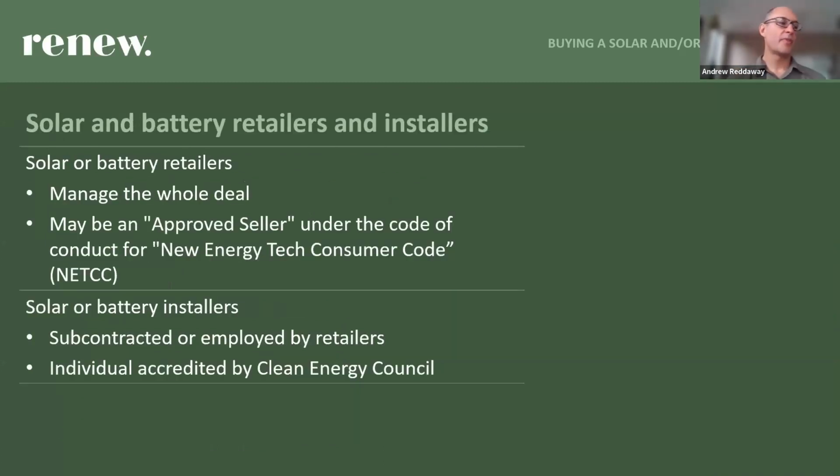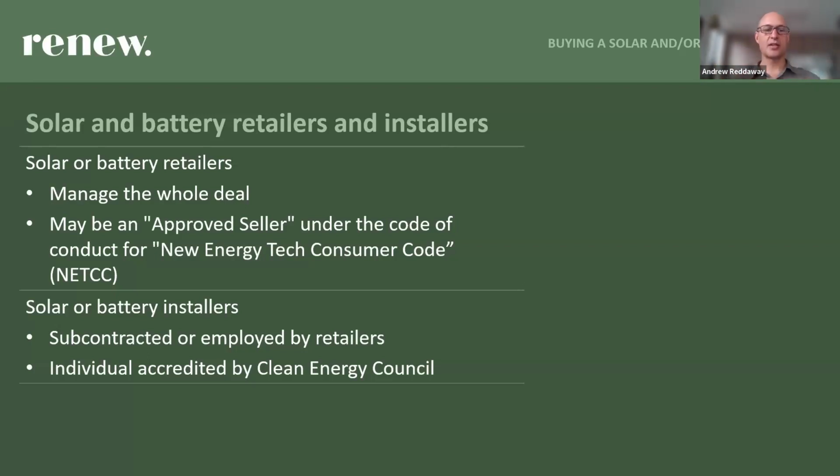Okay, so let's talk about who you'd be dealing with in terms of companies. There's normally two levels of company that you deal with. There's a retailer. They're the people who are advertising, that you're talking to, a salesperson negotiating prices. They'll be helping you work out what size system you need, all that kind of stuff.